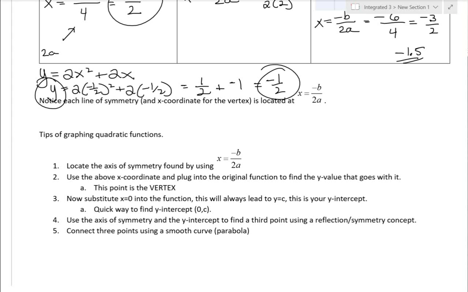You can use your line of symmetry with that y-intercept to find a point that is on the other side. So it'll give you a third point. And that's what part 4 is saying. And then once you have those 3 points, connect them with a smooth curve, and you've got your parabola. Okay? Now that's not the only way to graph them, but it's a useful technique.